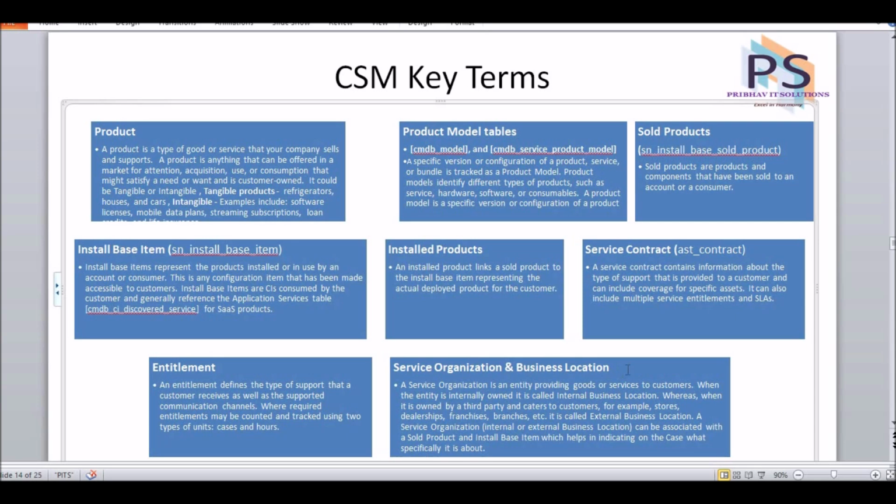Now service organization and business location. Think of a franchisee concept where one company has multiple franchisee locations in multiple cities, and they also have a tie-up with another service provider. Let's take the Airtel example, where Airtel is providing services across India as well as multiple other countries.